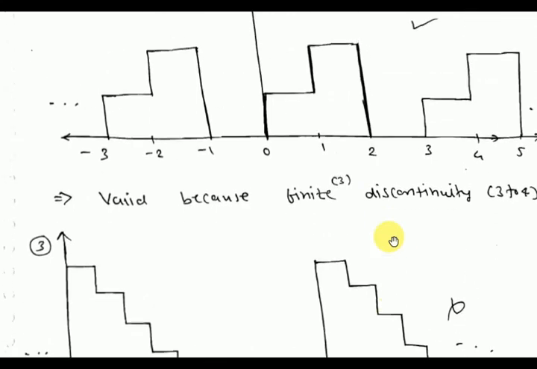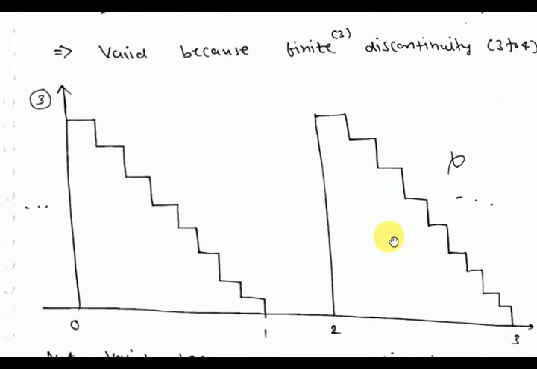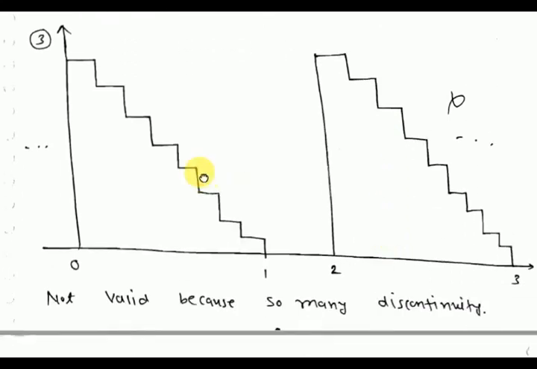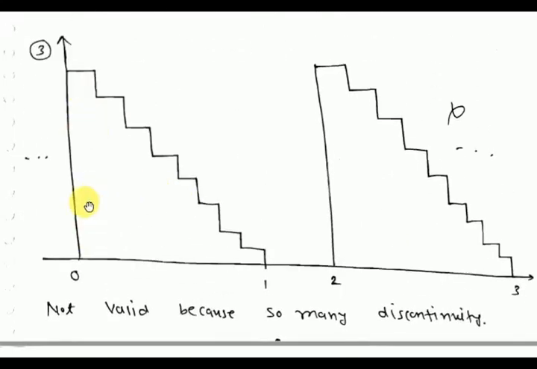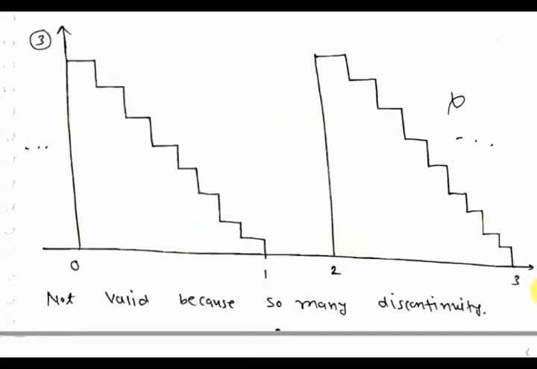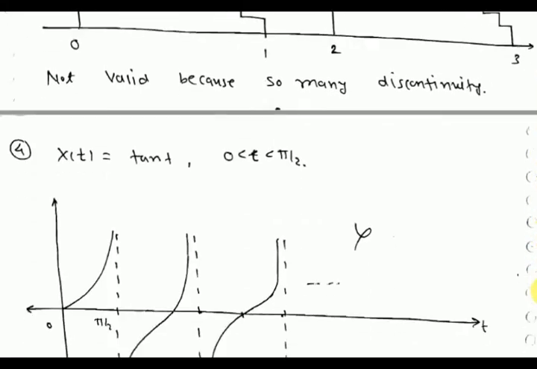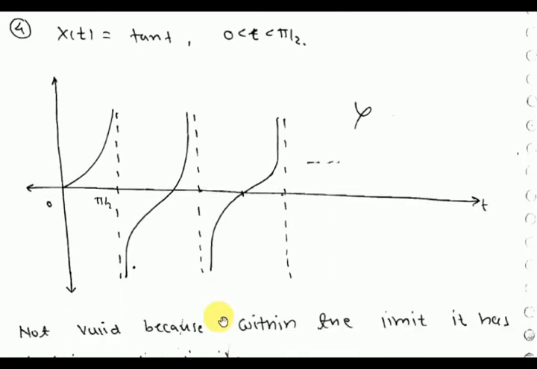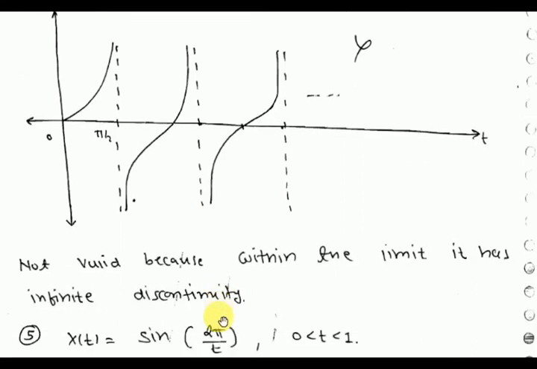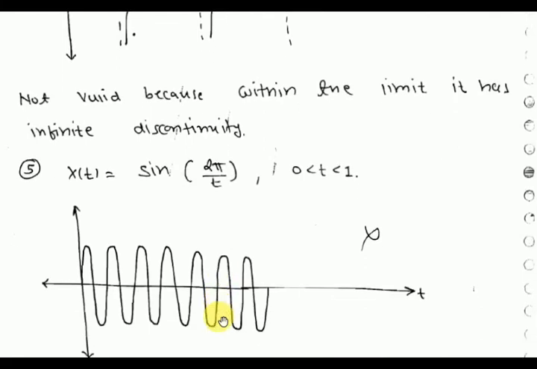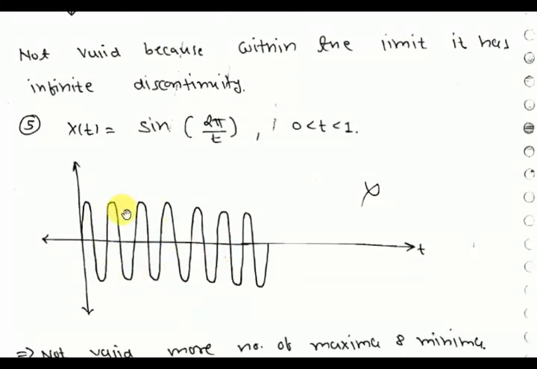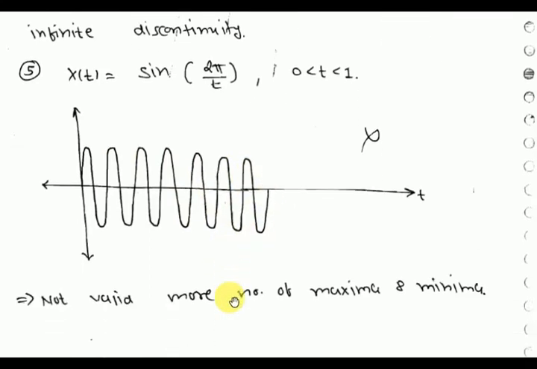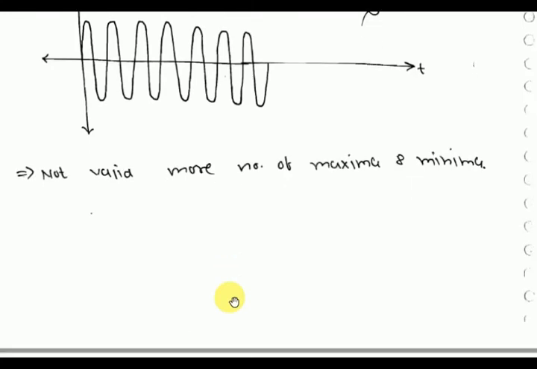Now here, this signal cannot have a Fourier series because it contains an infinite number of discontinuities. This signal also has infinite magnitude, so Fourier series is not valid for that signal. This signal has an infinite number of maxima and minima, so it cannot have a Fourier series form.